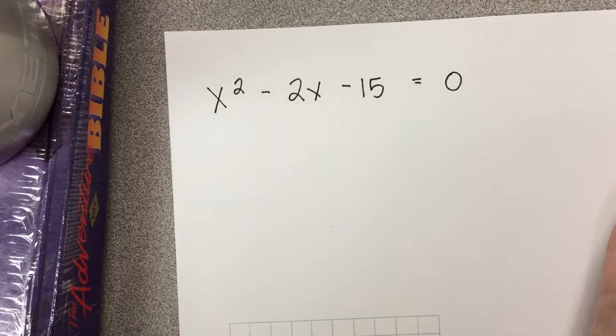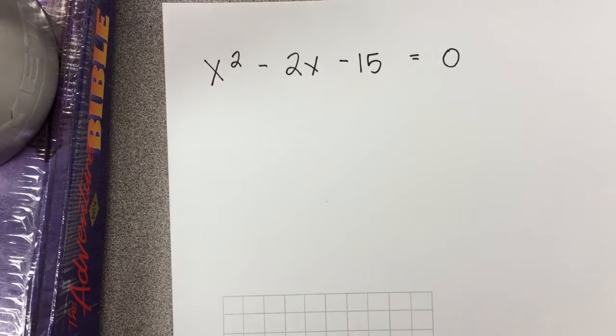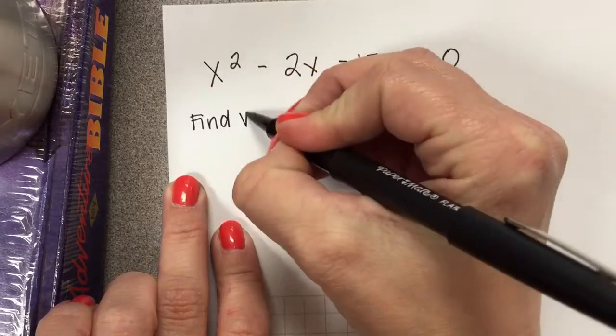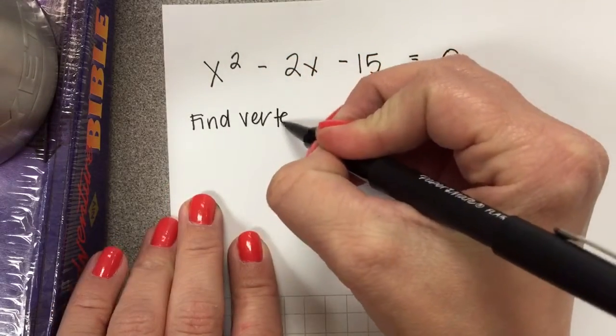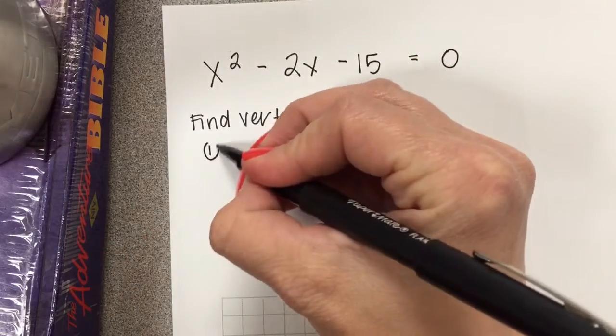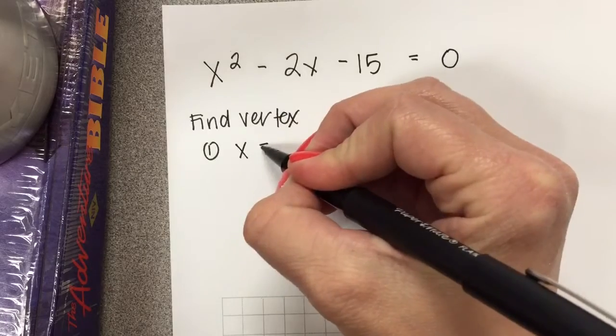It's been a while since we talked about graphing, but let's go ahead and graph this one just so you get a refresher on how to do that. If you remember, the first thing we need to do is find the vertex. Step 1 is to find the axis of symmetry.